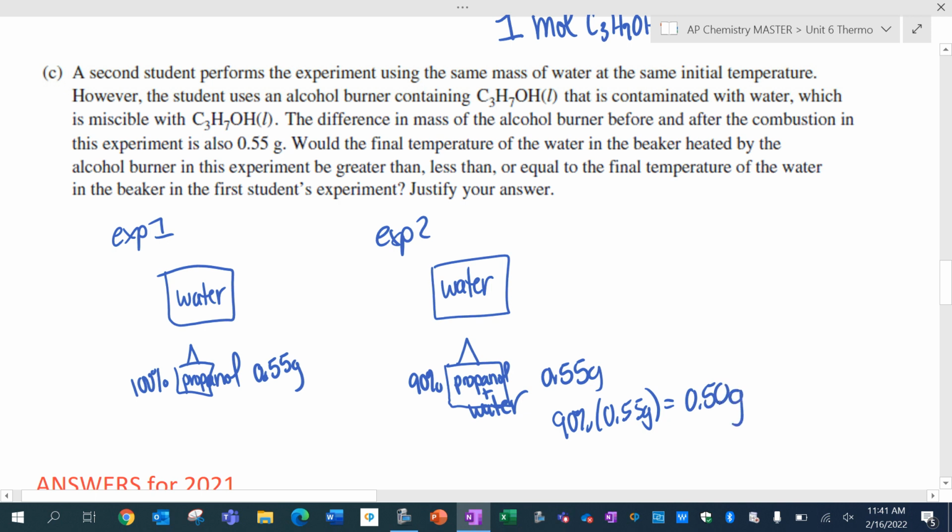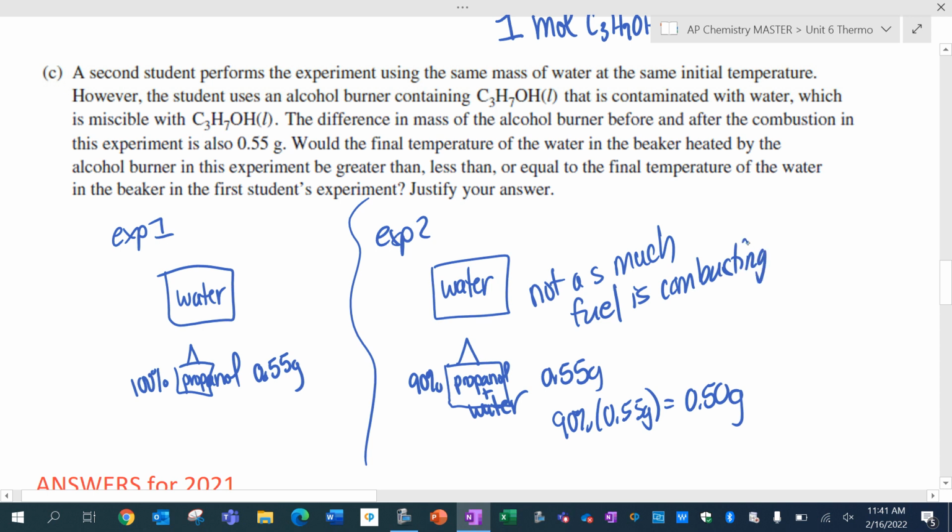So in experiment 2, since your sample that you think is pure propanol is actually contaminated with water, you are not reacting as much propanol as you thought. So what's happening in experiment 2 is not as much fuel, your propanol, is combusting. And so if you have not as much propanol reacting, you're going to release less heat.